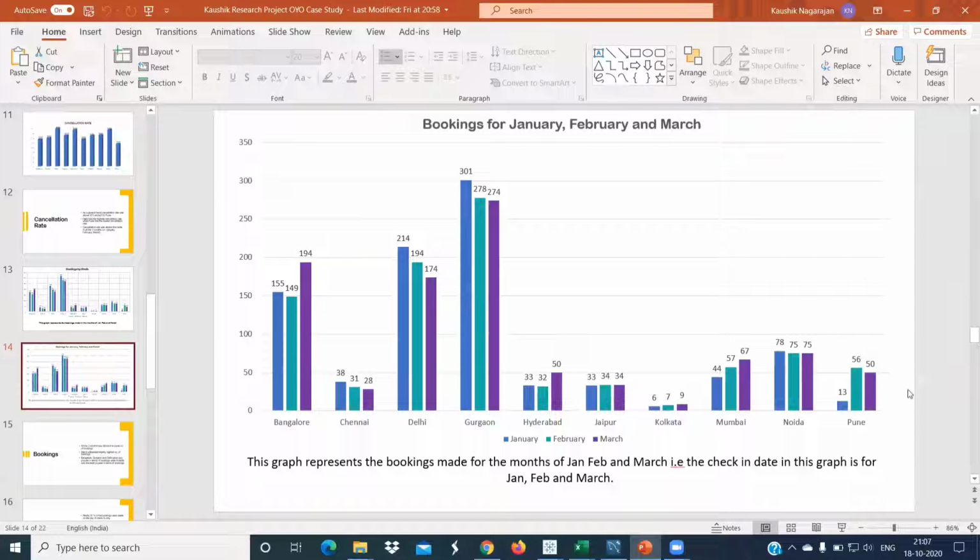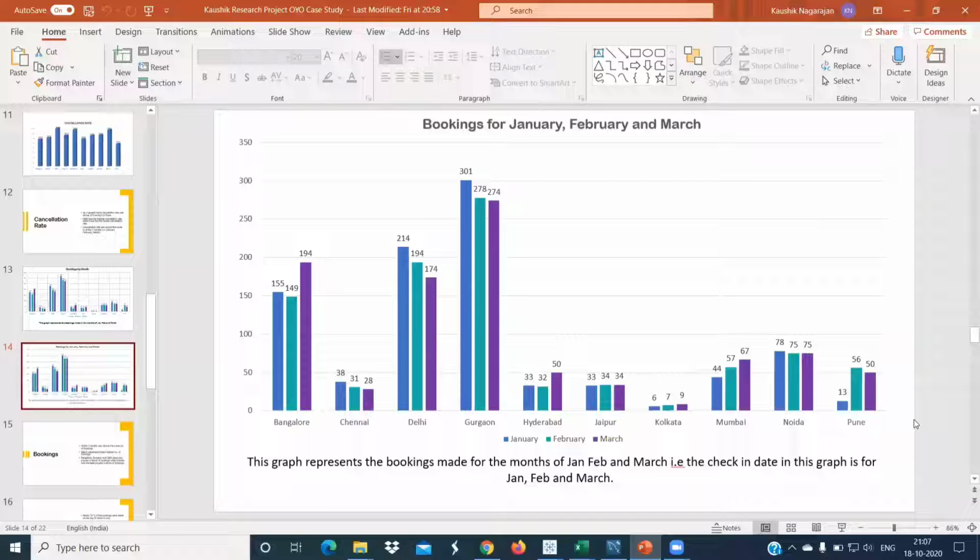This graph talks about the bookings made for January, February, and March. So this graph basically means that if a booking is made in the month of January, that booking is for January.